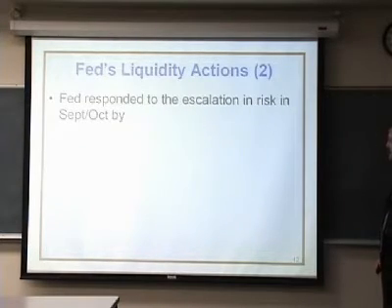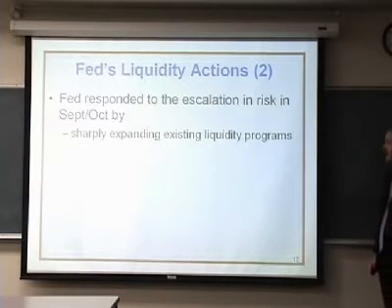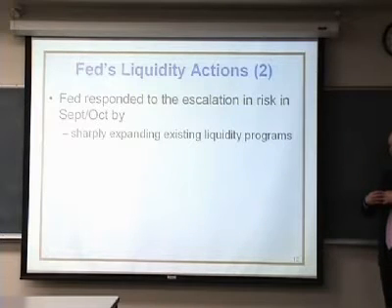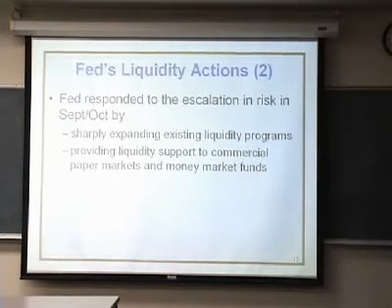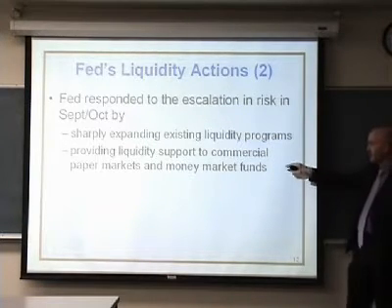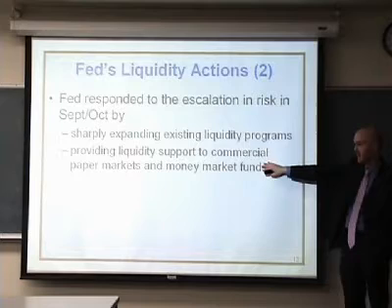Well, we went back in and we sharply expanded the size of our existing liquidity programs at Alphabet Soup. We expanded the size of those things, and we also added to the Alphabet Soup by providing liquidity support to other markets, commercial paper markets.